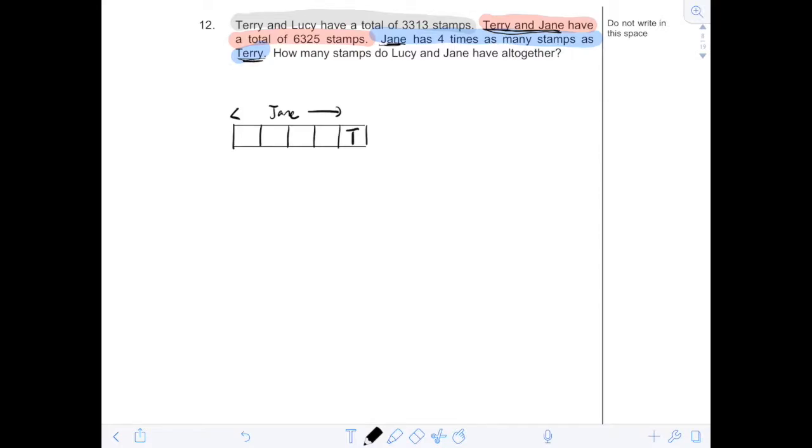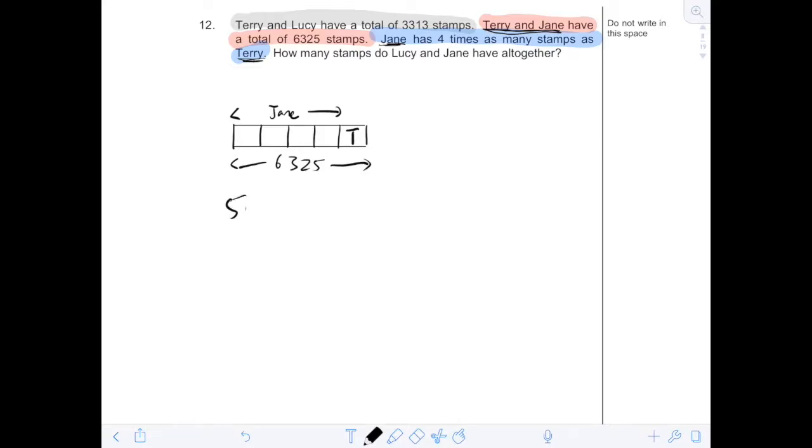Then from here you can see that this entire portion is also equal to 6325, based on the information you have in the question. So from here, you can straight away find how much Terry has and how much Jane has.